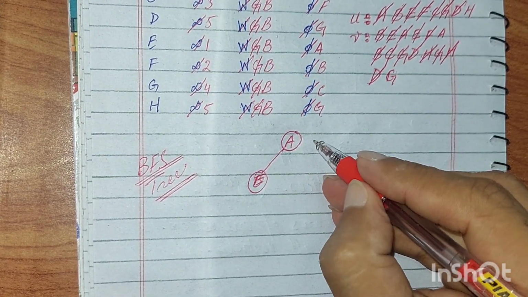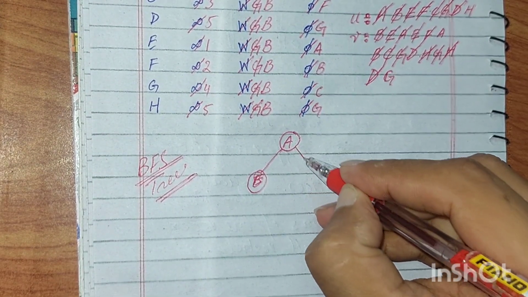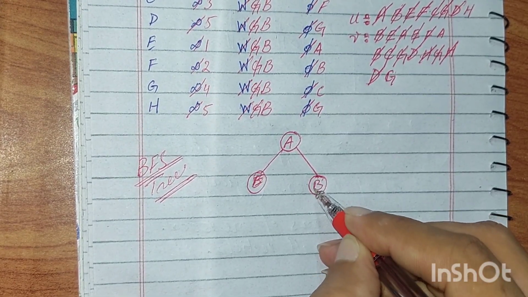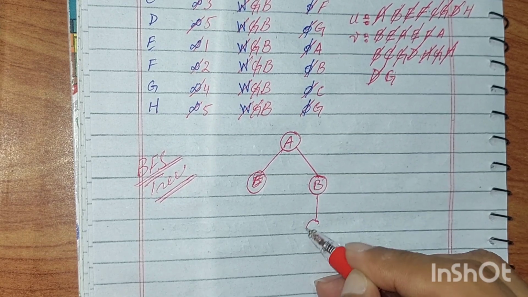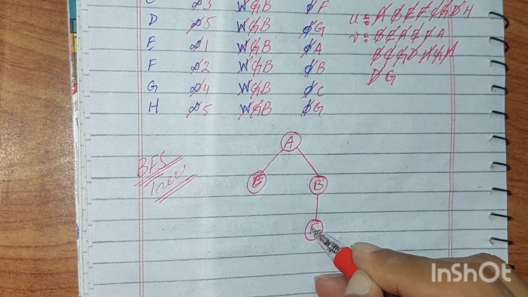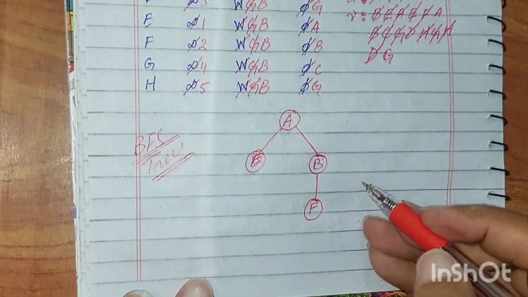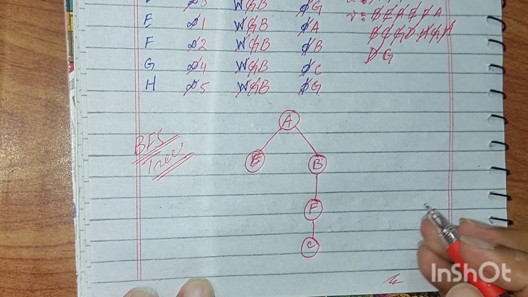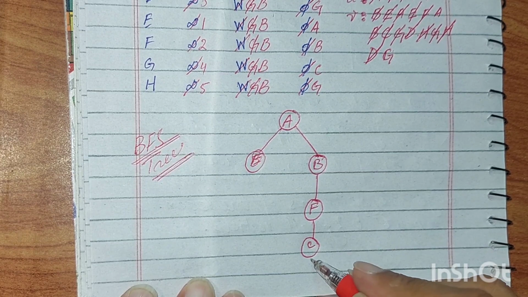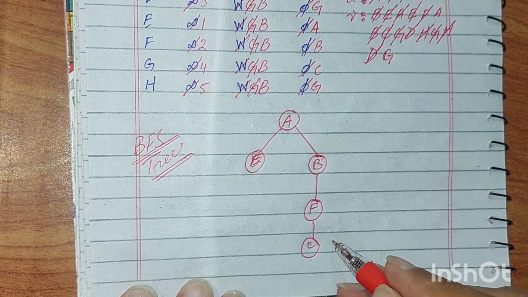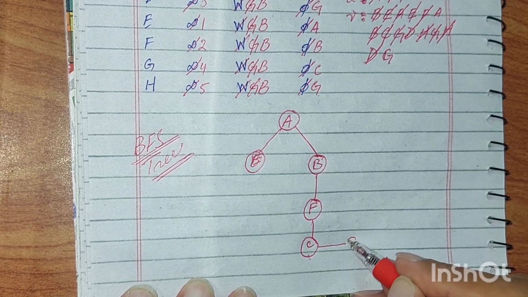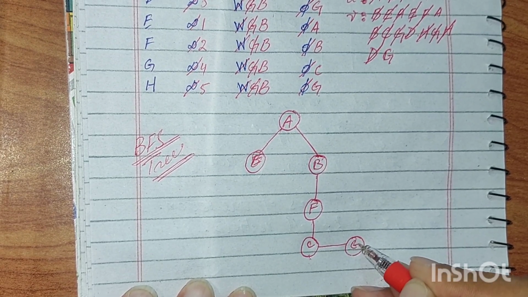So from A to B, and from B we move to F, from F we move to C, and from C we move to G. I have a bad example here, so I have to move it here.